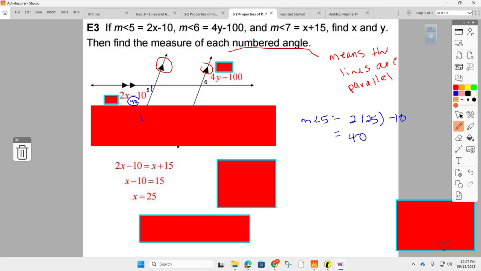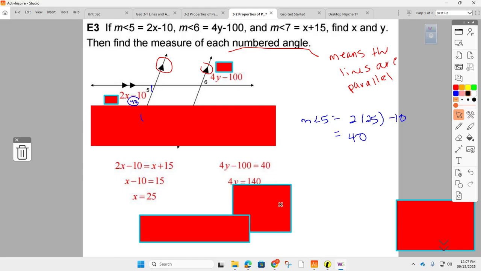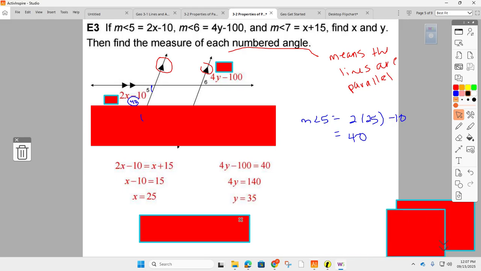So that is the equation we're going to write: 4 times y minus 100 equals 40 degrees, because that's what the measure of angle 5 is. Then add 100 to both sides. Divide both sides by 4. And so now we know that y is 35.